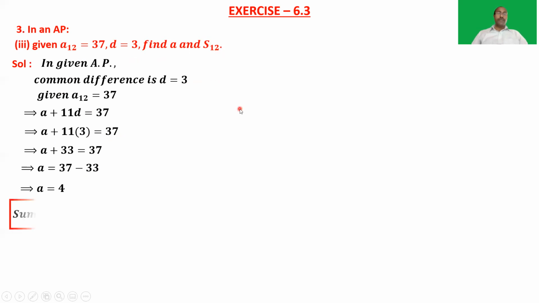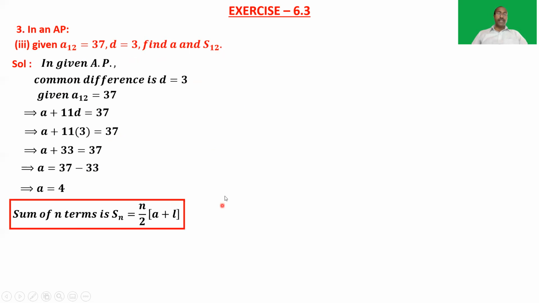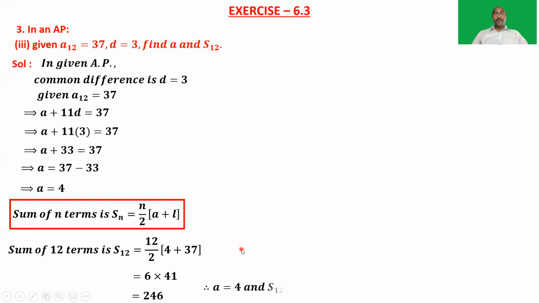By substituting these values, S12 is equal to 12 by 2 into A plus L, 4 plus 37. That is 6 into 41, which is equal to 246. So the sum of 12 terms is 246. So A is equal to 4 and S12 is equal to 246.